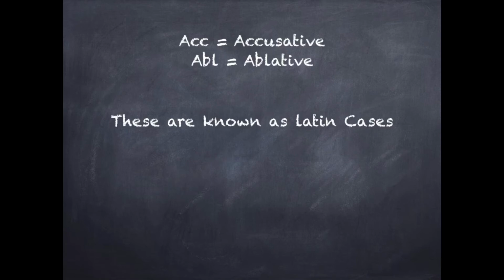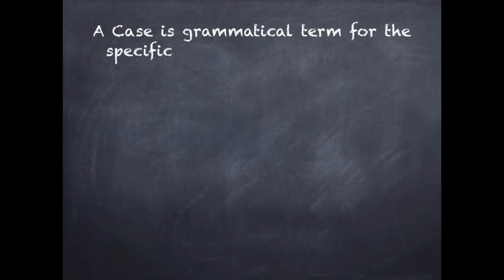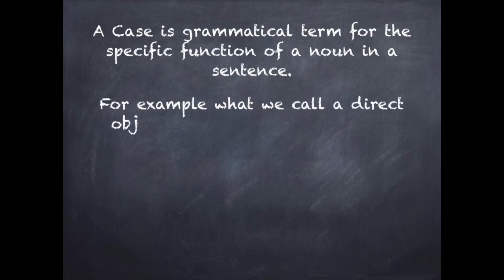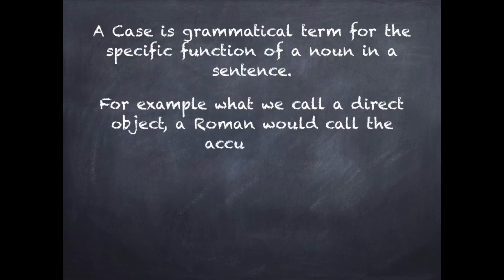These are known as Latin cases. A case is a grammatical term for the specific function of a noun in a sentence. For example, what we call a direct object, a Roman would call the accusative case.